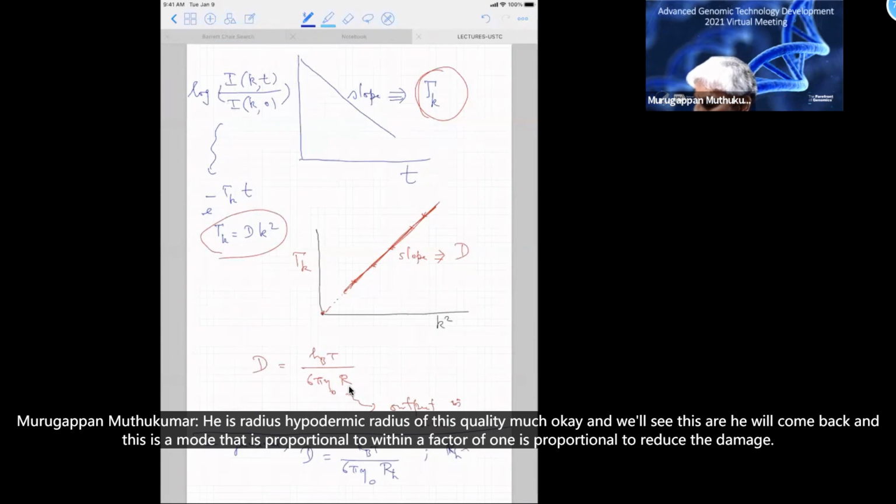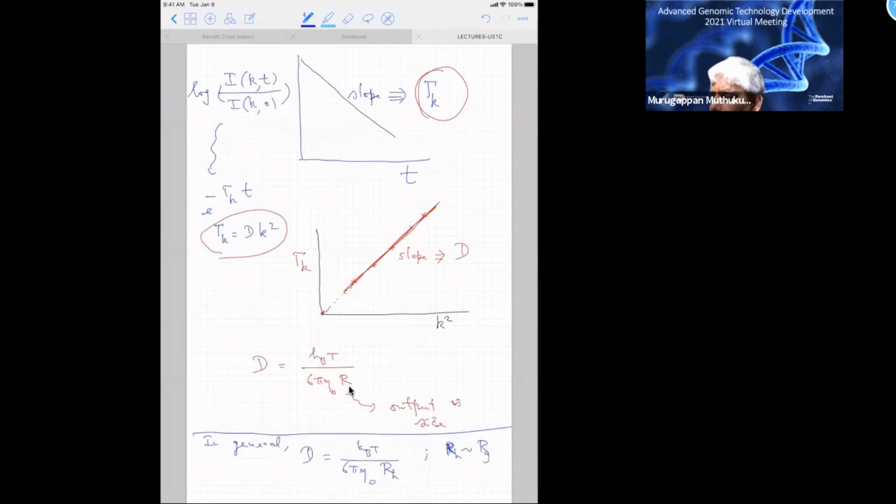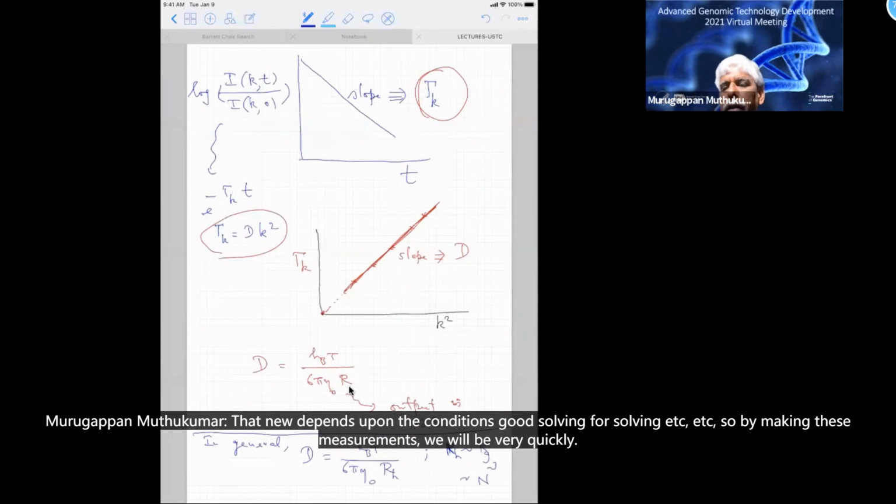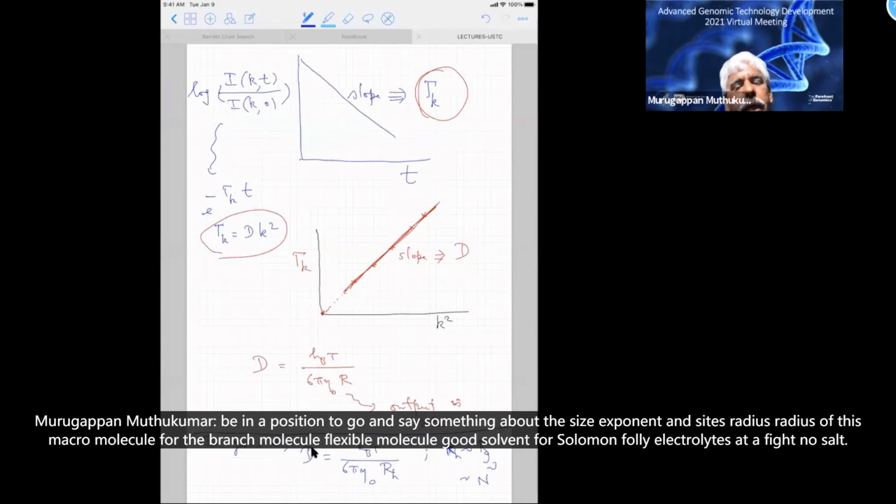This is proportional, within a factor of 1, to the radius of gyration. And you know from the previous lectures, radius of gyration goes like molecular weight power the size exponent nu. That nu depends upon the conditions, good solvent, poor solvent, etc. So by making these measurements, we will very quickly be in a position to say something about the size exponent and size radius of this macromolecule.